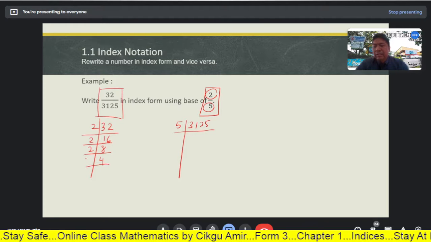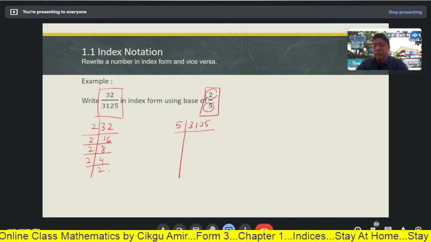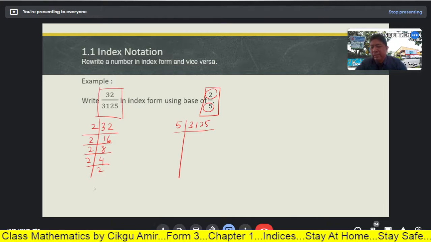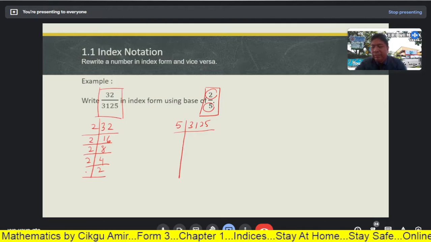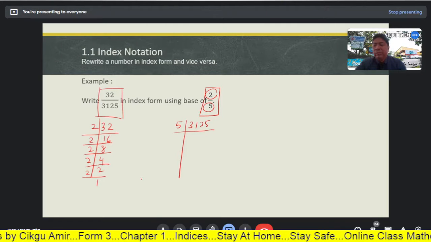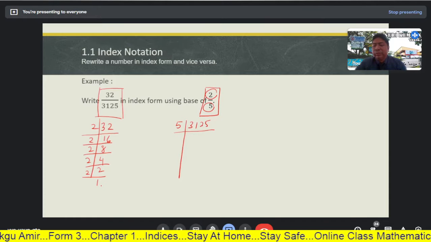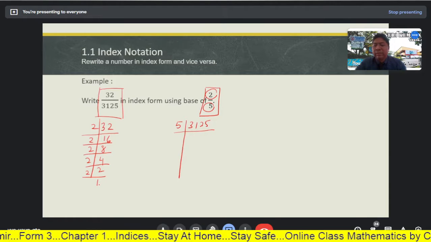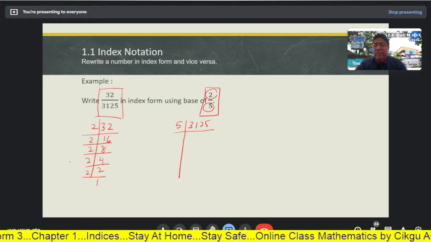Divide again until it becomes 1. 4 divided by 2 is 2. Not 1 yet. Divide by 2 again. Now 2 divided by 2 is 1. This is the upper side.